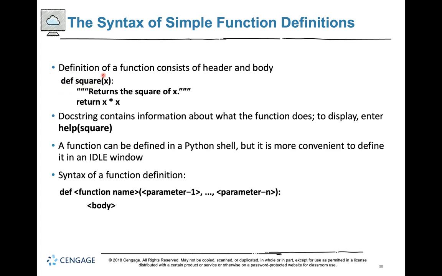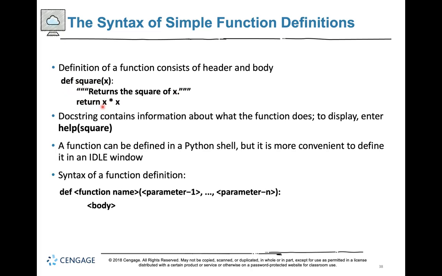And the function has a list of parameters within the parentheses. And here, this square function takes one parameter, x. And then you put a colon, and then a new line. And keep in mind that the indentation is significant. The body of the function has to be indented. So here we have a single statement, the return statement. We return a value.